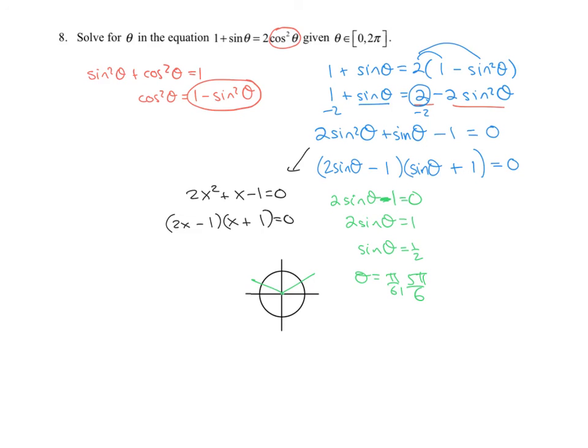And then for the other part, sine theta plus 1 equals 0. Subtract 1 from both sides. Sine theta equals negative 1. That happens down here at the bottom at 3 pi over 2. And so combining all those answers, theta can be pi over 6, 5 pi over 6, and 3 pi over 2.